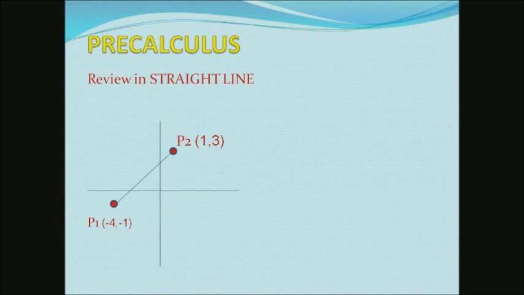Now, let's have an example again. We have 2 points, point 1 and point 2. Point 1 with -4 and -1, and point 2, 1 and 3, and then we will get the slope.